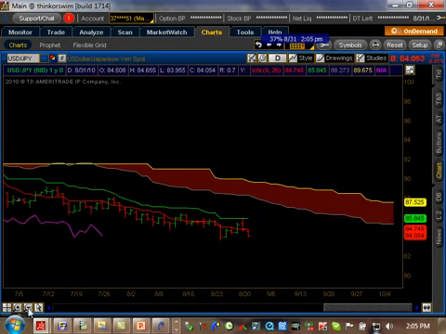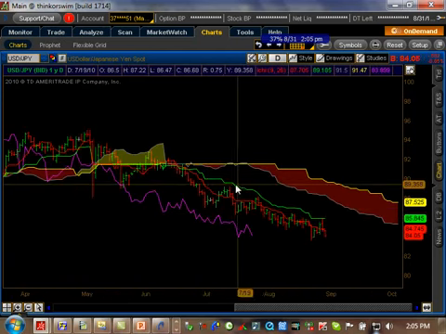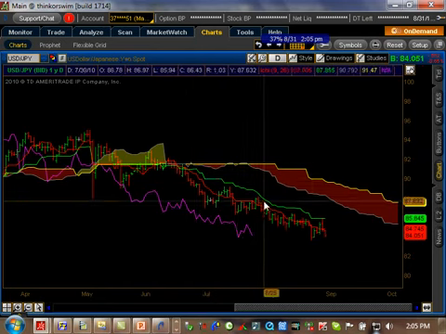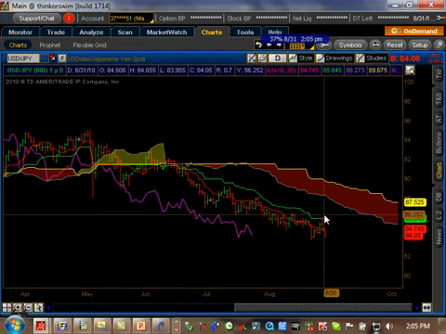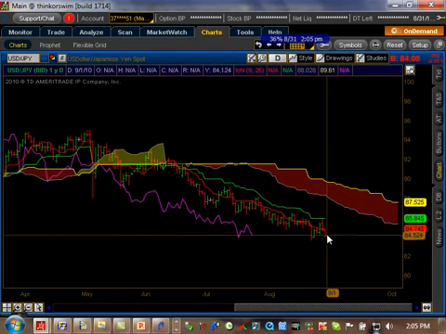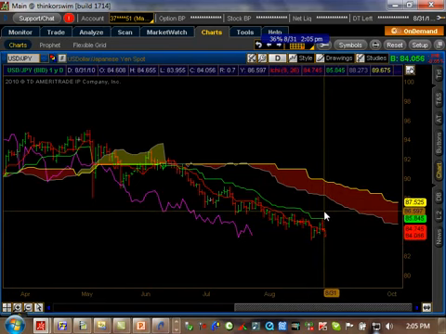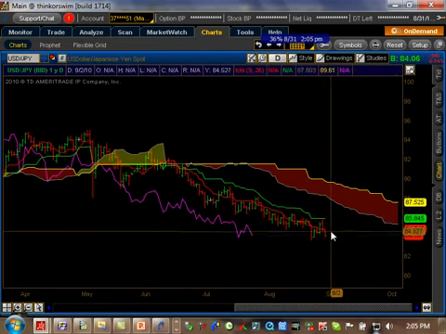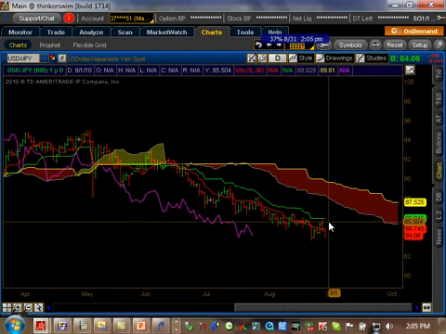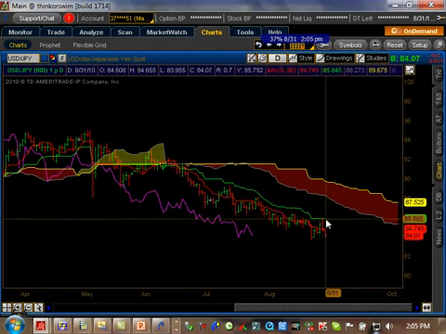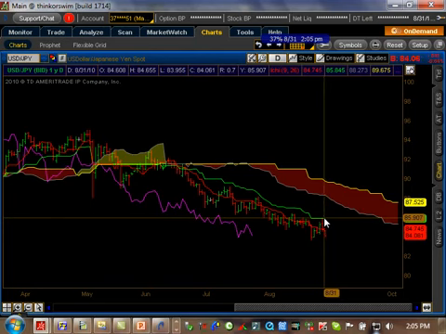Okay, the Kijun-sen is probably one of my favorite indicators. Reason why is if you look, it contains the trend. If price ever closes above the Kijun-sen in this scenario where it's going down, I know that a possible trend change or a possible pullback is on the way. Okay, so in a lot of cases, when you start using the Ichimoku indicator in a strategy in your trading plan, you're going to use this Kijun-sen or the Tenkan-sen as your stop.